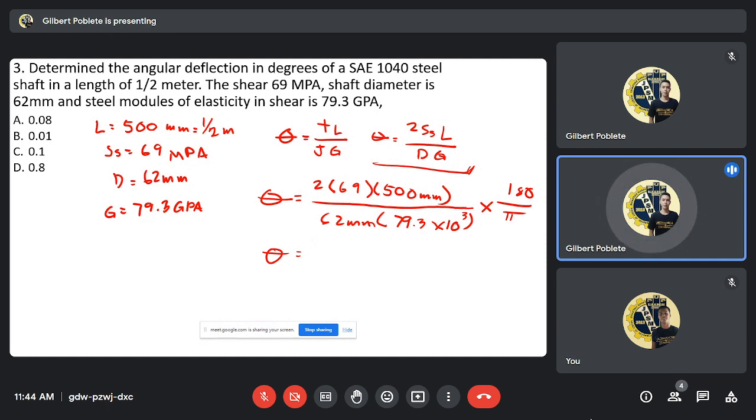So, ang lumabas sa akin is 0.8041 degrees. So, ayan yung sagot natin. So, ang sagot natin is letter D. Okay. So, next tayo guys.